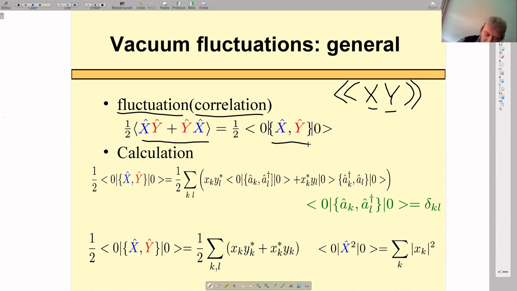Again, first I substitute expressions for x and y, and I have to deal with particular anti-commutators of two operators.